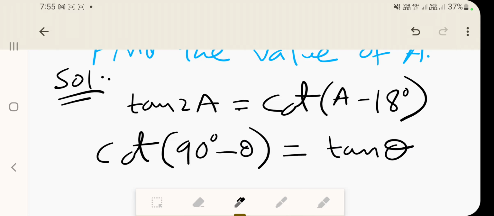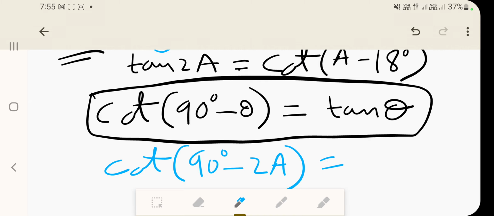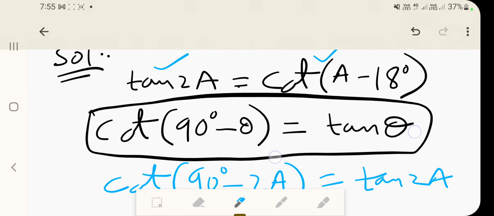Our left hand side tan 2a we replace. So in place of tan 2a, we can write cot(90 minus 2a), which is nothing but tan 2a. It is better to change the LHS itself. It is a little simpler compared to the RHS.